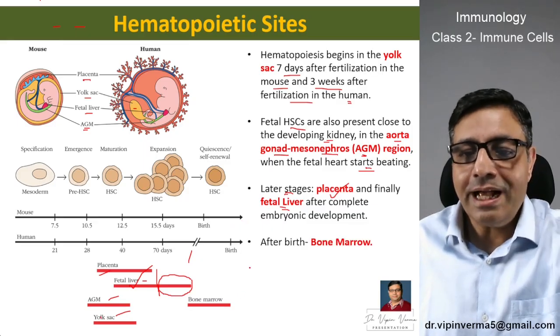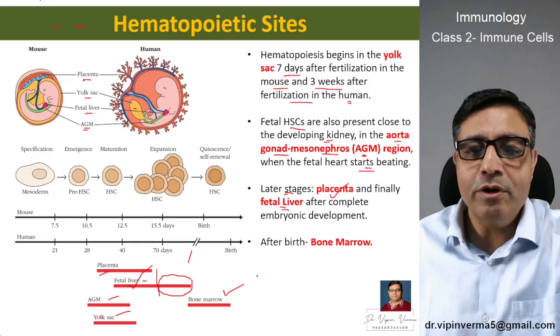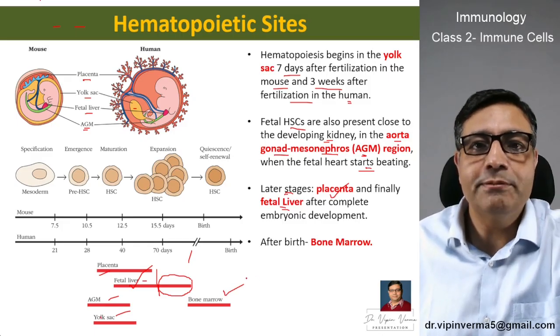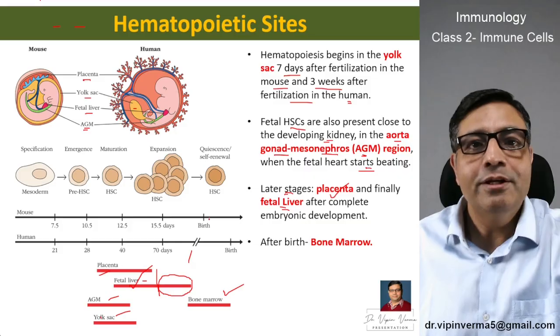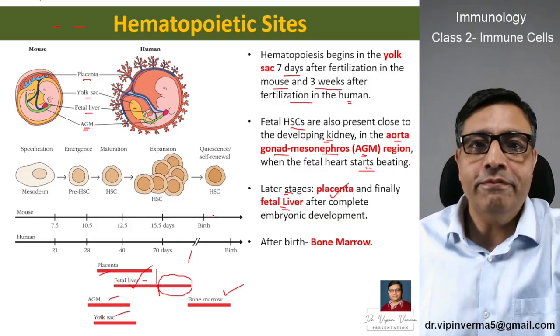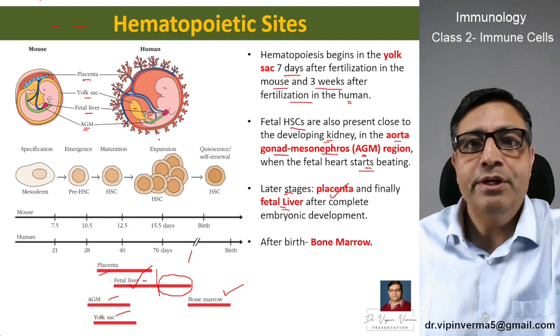And after birth, it is the bone marrow where the hematopoietic activity takes place lifelong. Right? So these are the different sites of hematopoiesis in mouse and in humans.